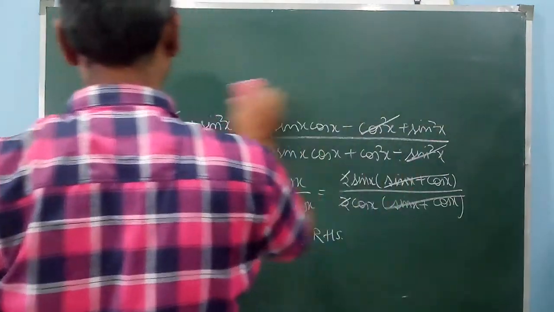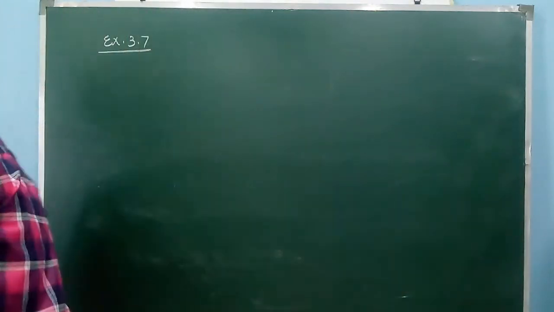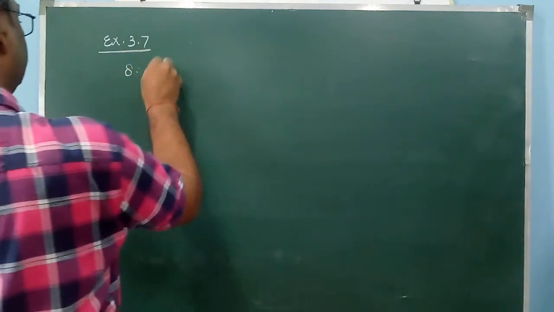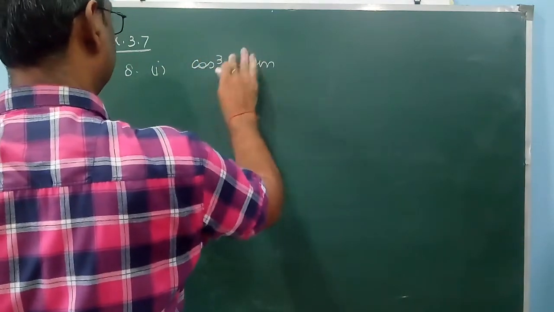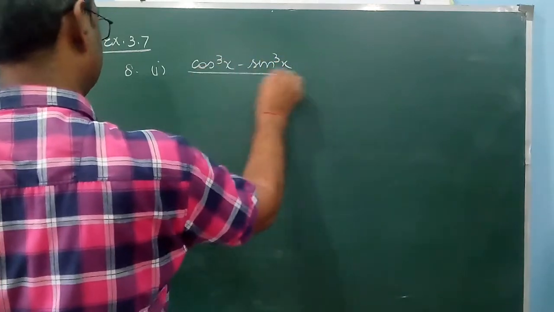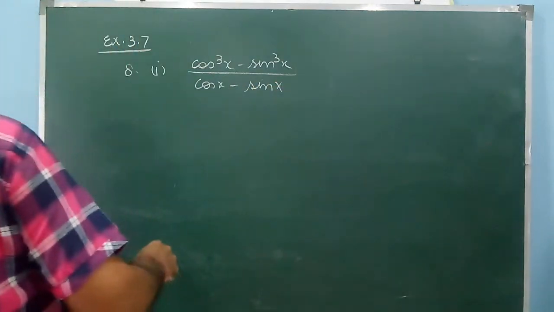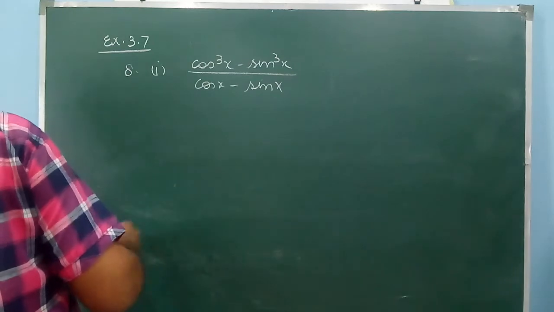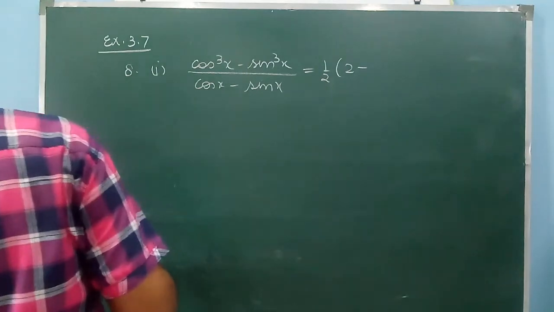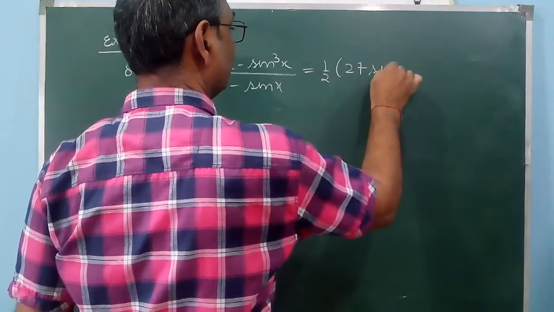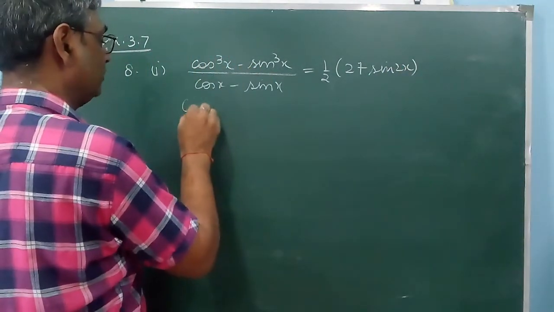Now see the 8th part. Here we can use the formula a cube minus b cube.